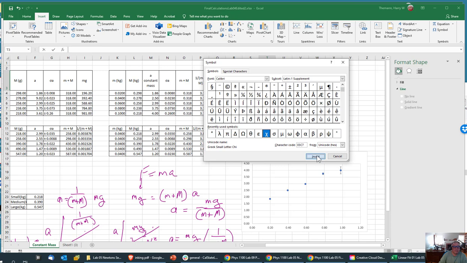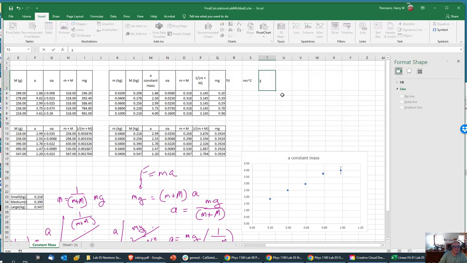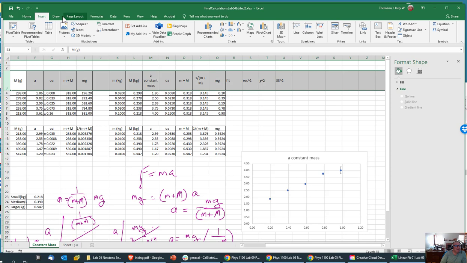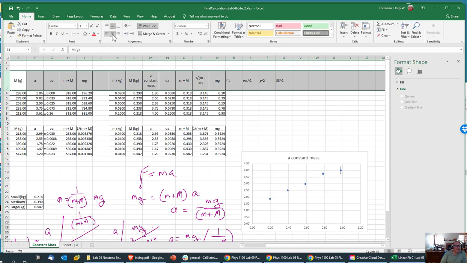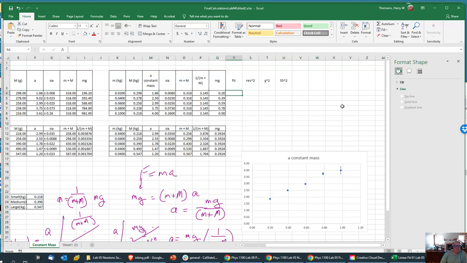That's a lowercase, okay. Chi-square. And then we need the SS squared. And that is basically the variance, you might recall. Let's see here. Let's wrap. Good. All right. I think that's everything we need.